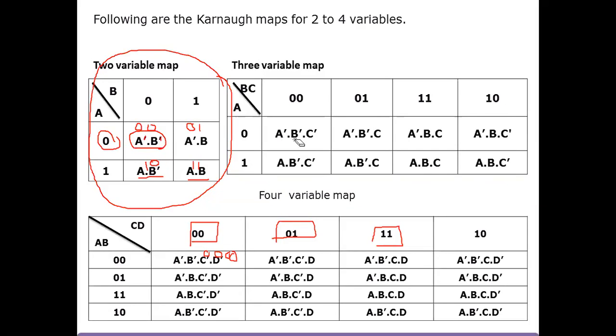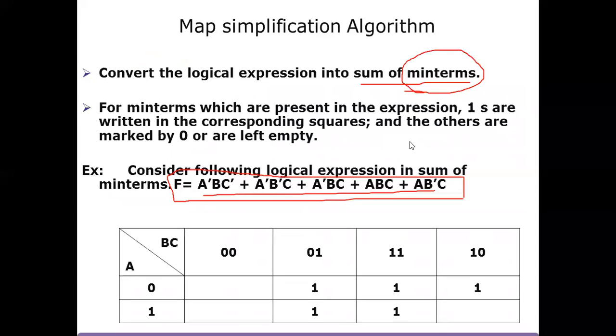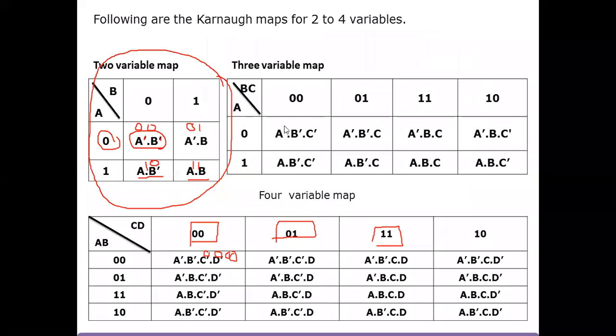Okay. So as it mentions here, for the min terms which are in the expression, ones are written in the corresponding squares. If A dash, B dash, C dash is in the expression, we put 1 in its place.